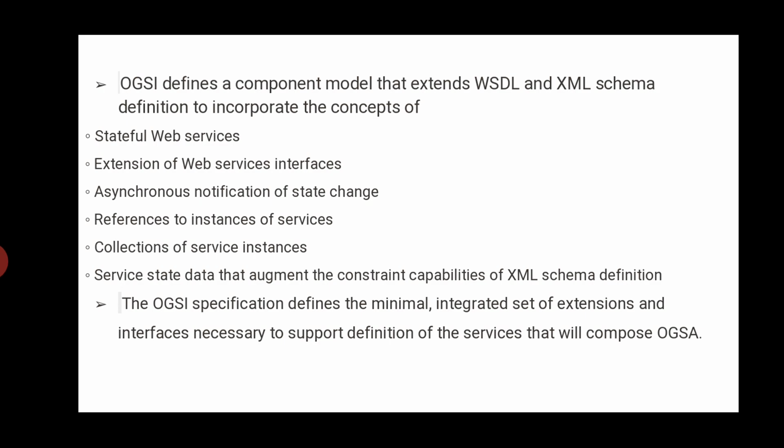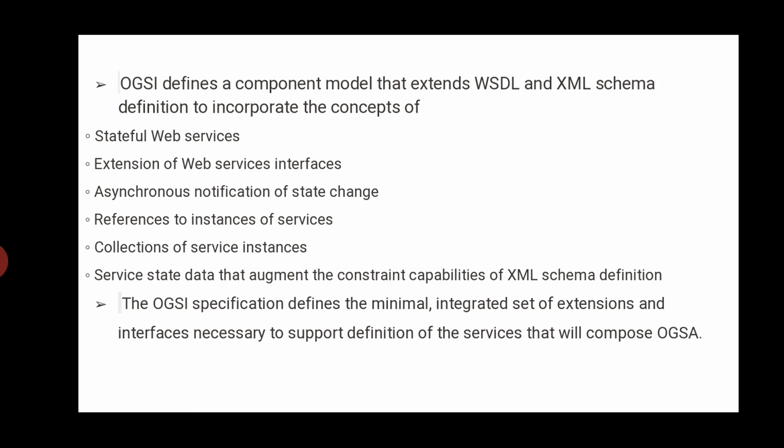Here we have seen the specification of the Open Grid Service Infrastructure. What does it specify exactly? First, OGSI specifies how grid service instances are named and referenced. Second, the base common interfaces that all grid services implement.